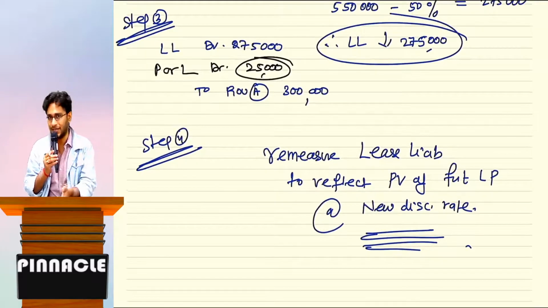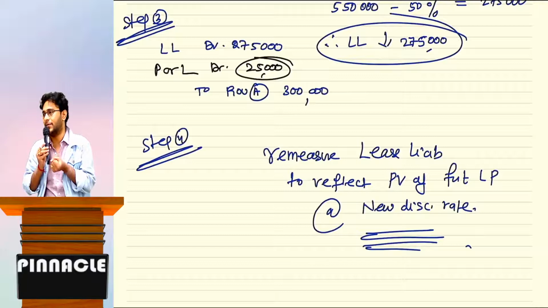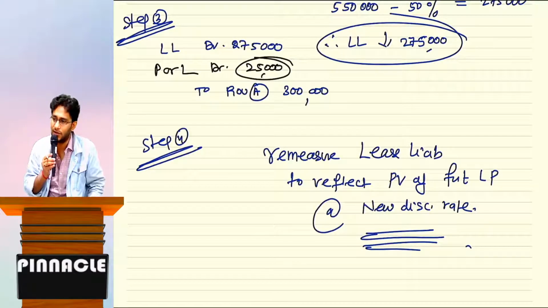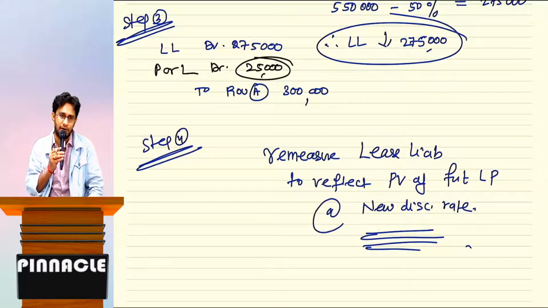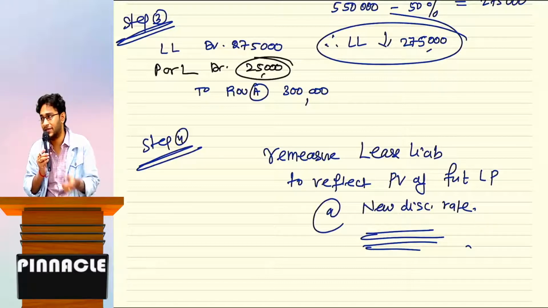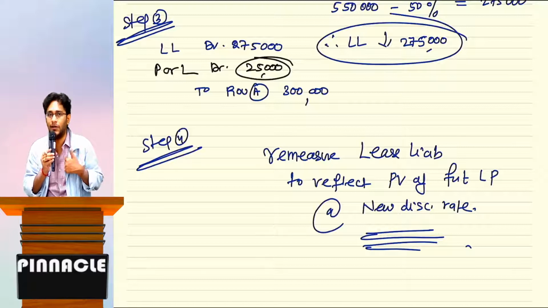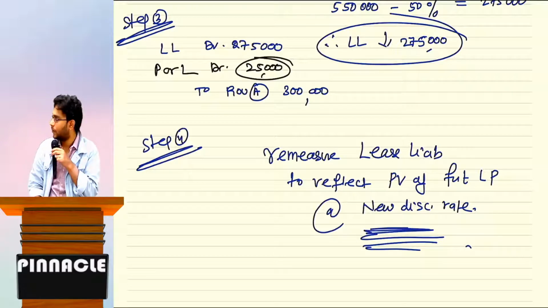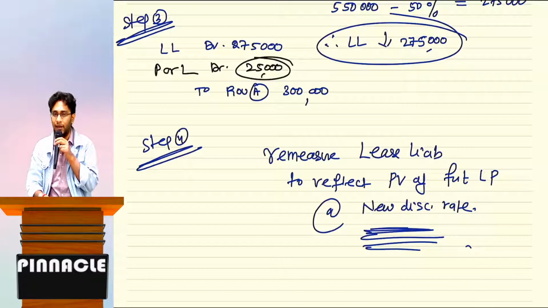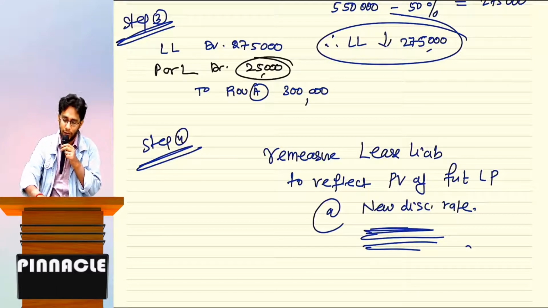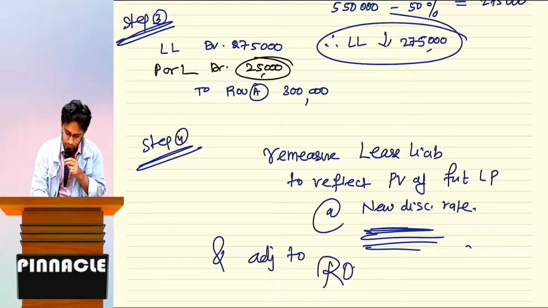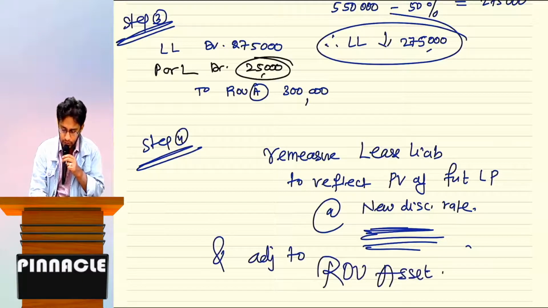But if you have to apply ACM, lease liability should represent the present value of future cash flows, the future revised lease payments. And since it's a modification, I don't have any right to continue with my old rate. New rate you have to take. That is why it is a modification. Sir, when you remeasure lease liability, again lease liability increase or decrease will be there, no? Yes. And adjust to ROU asset.